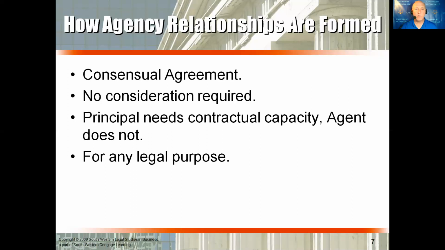You could even have someone intoxicated or mentally incompetent, and they could still enter into a contract on behalf of the principal as long as the principal has capacity.